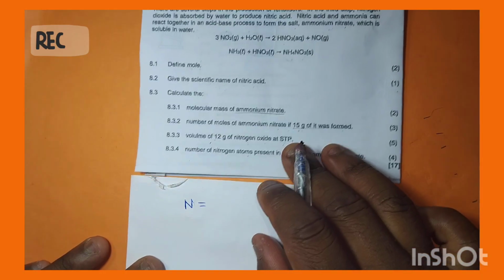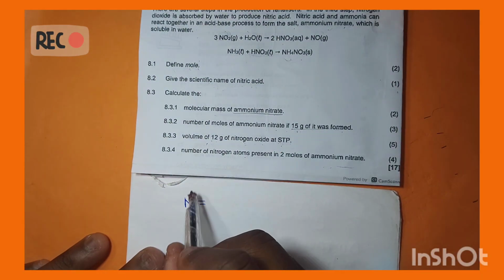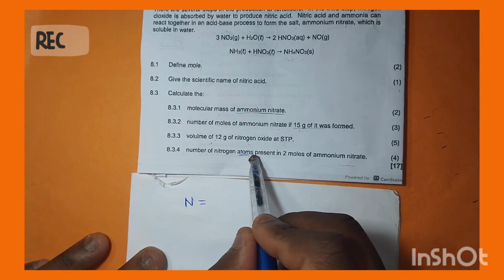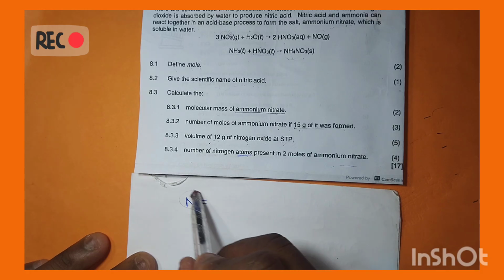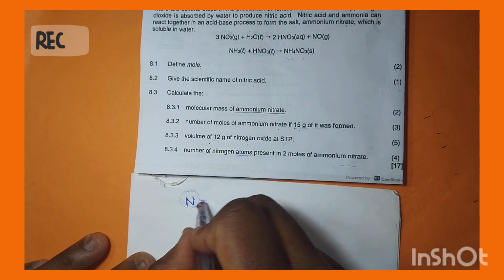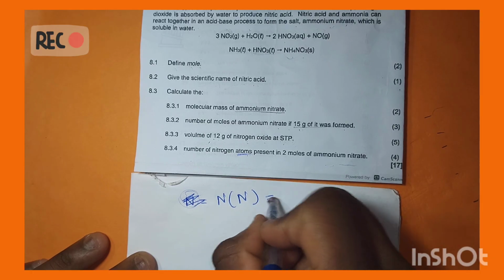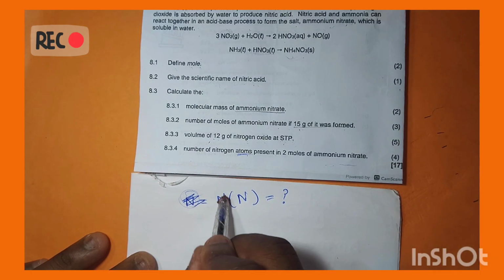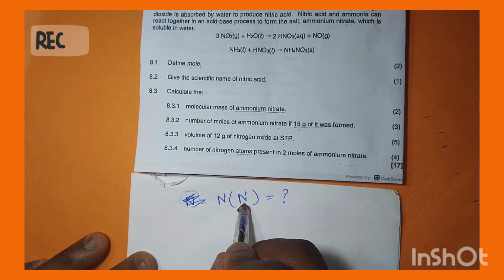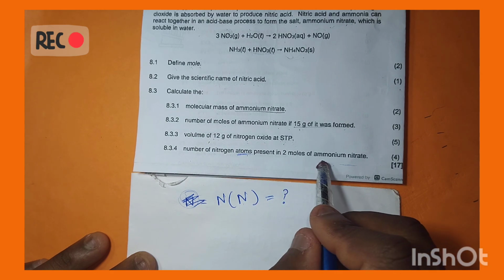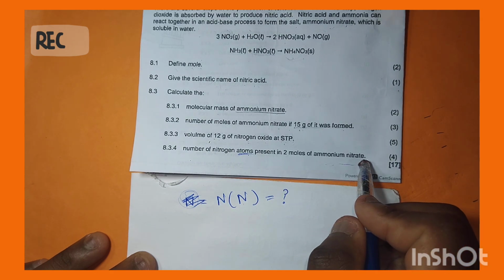Guys, what they need you to calculate here is the number of nitrogen atoms. The moment you see that atom, they talk about particles, by the way. They talk about the particles of nitrogen. Let me just write it here: number of particles of nitrogen in 2 moles of ammonium nitrate.